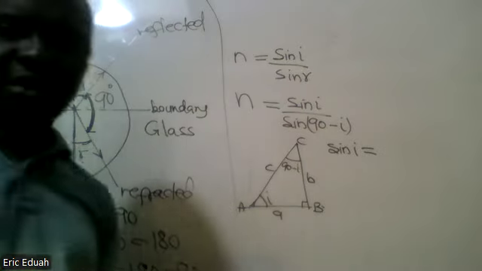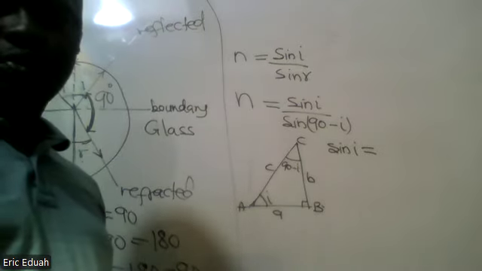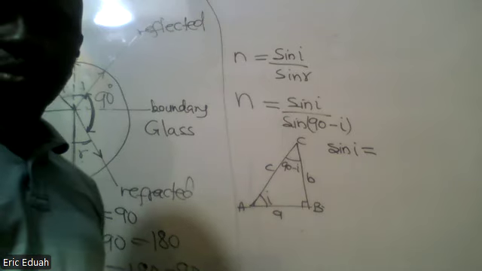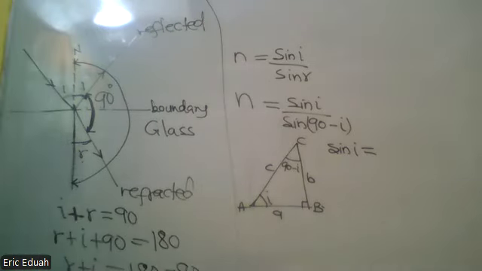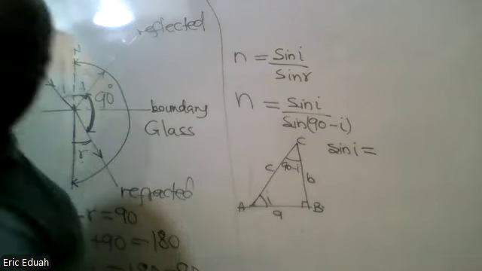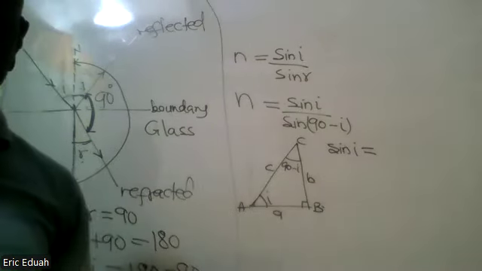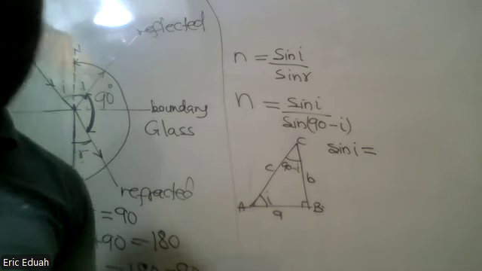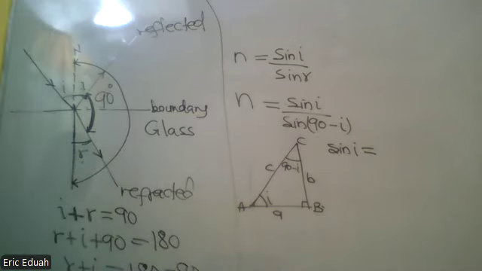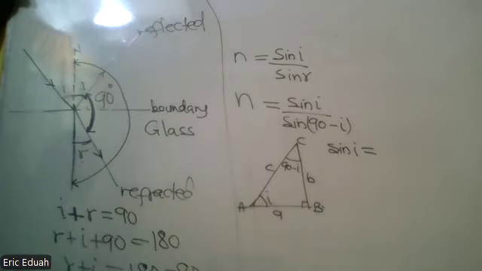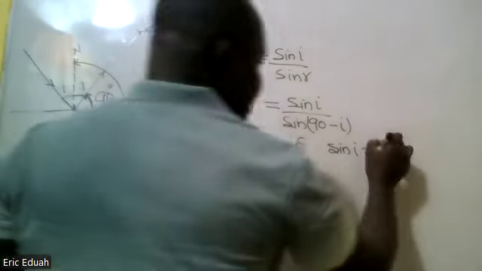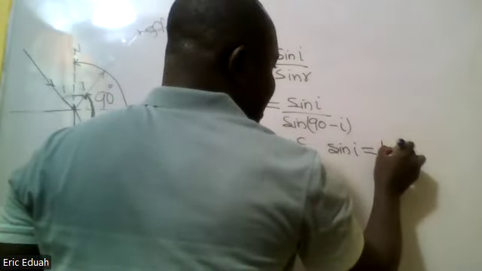Sine I is B over C, opposite over hypotenuse. Exactly. So B over C.